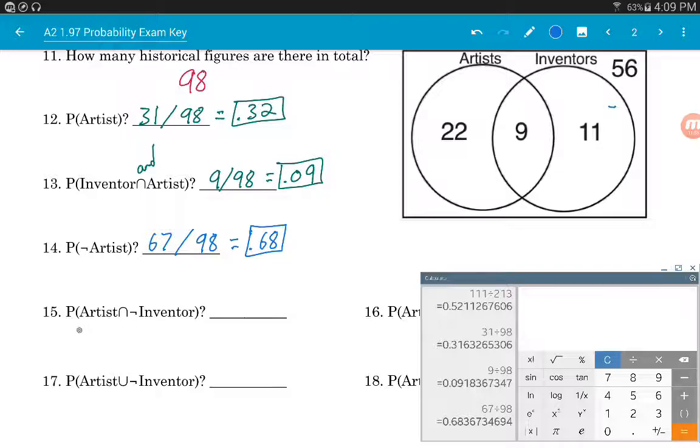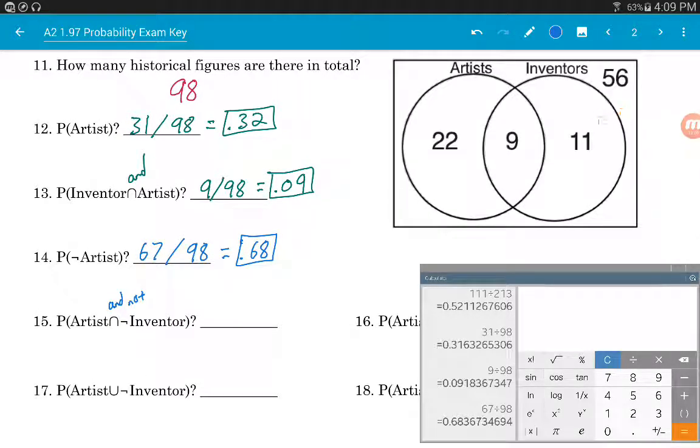Probability of an artist and not an inventor. That's what these symbols mean, and not. So artist and not inventor. So they're an artist. I should make the pen a little bit bigger for that. Okay.